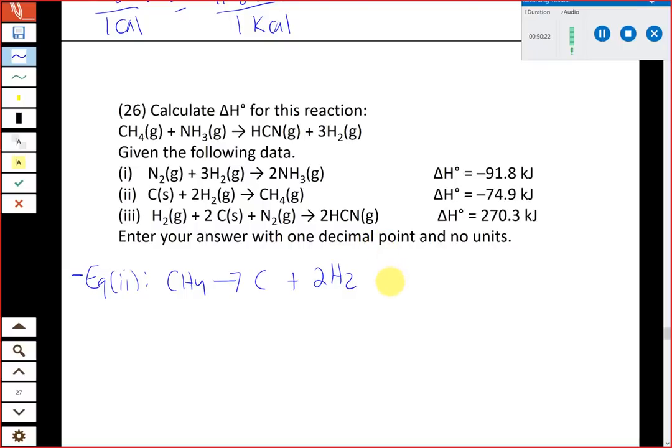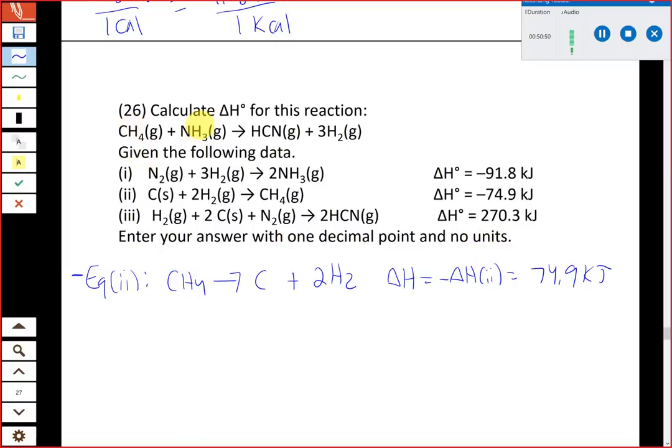Then if we flip the equation, we also have to change the sign of delta H. So the delta H for this modified equation goes from negative 74.9 to positive 74.9 kilojoules. So we flipped the order of this equation, which means we flipped the sign of delta H. That gives us CH4 on the reactant side.